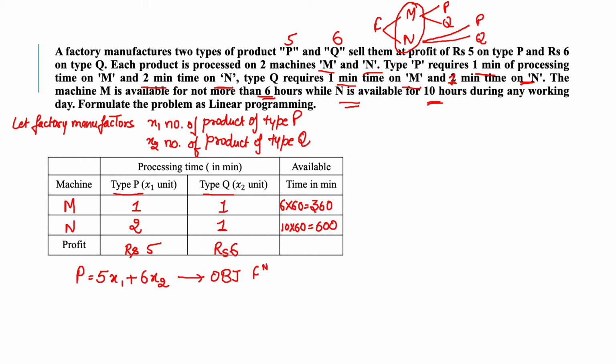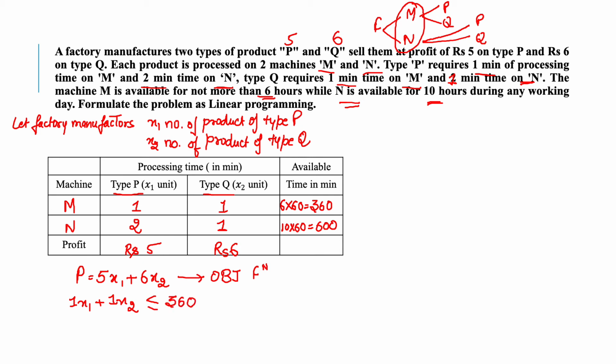Next are the constraints. 1 minute into x1 plus 1 minute into x2 is the process time on machine M for each product, which should be less than its available time.